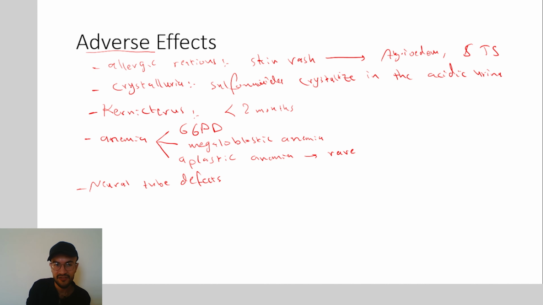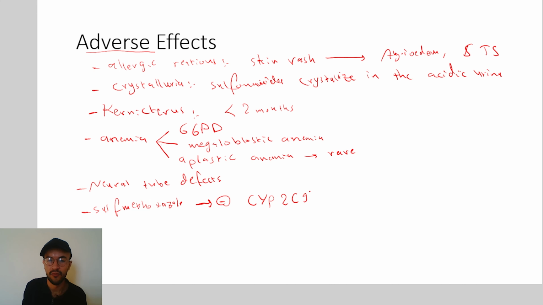And also in pregnancy, we mentioned that they cause kernicterus, so two things that they cause during pregnancy. Also, sulfamethoxazole inhibits the cytochrome P2C9, which metabolizes the warfarin, and this would decrease the metabolism of warfarin. It also displaces warfarin from its binding sites on the albumin.